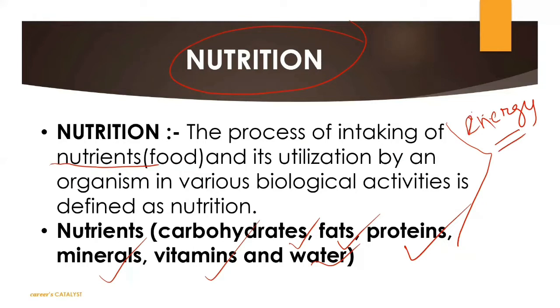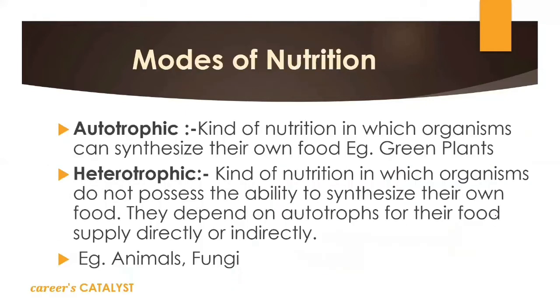We will discuss nutrition in detail, meaning what the types of nutrition are. So let's talk about the modes of nutrition. There are basically two modes of nutrition, as we already discussed in earlier classes. The first is the autotrophic mode of nutrition, and the second is the heterotrophic mode of nutrition.